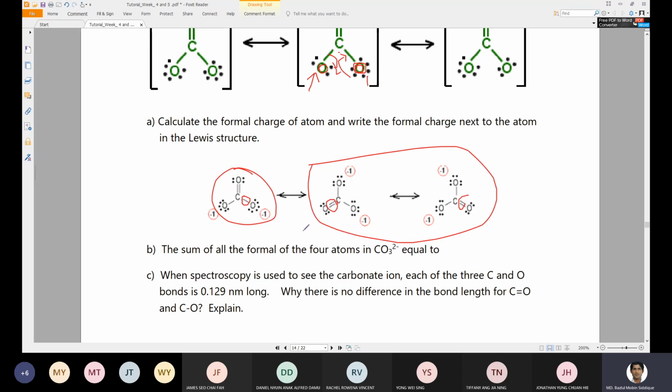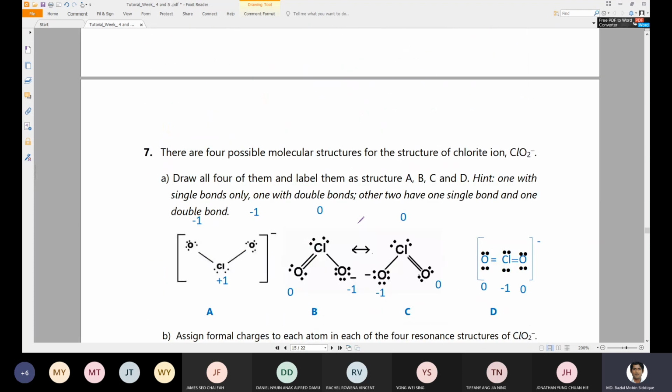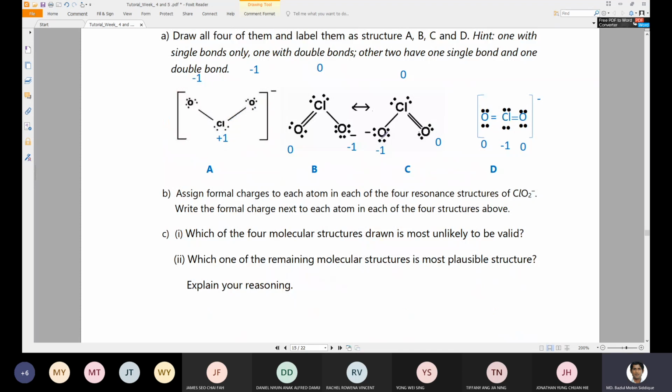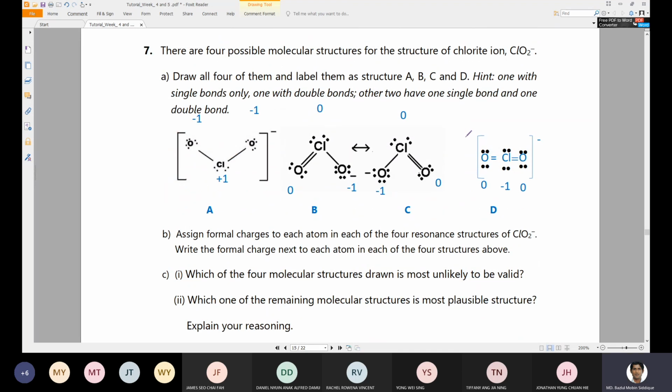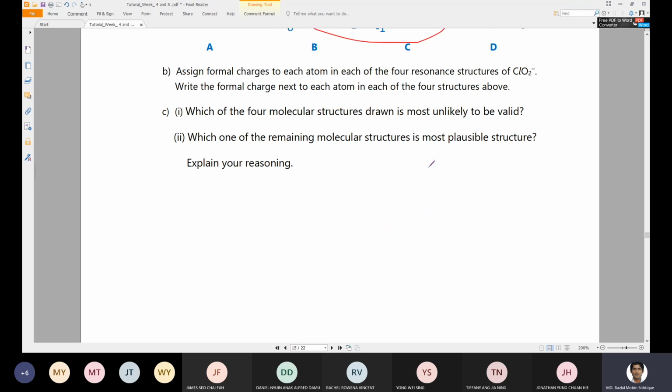We have to show all three possible structures, and that is why the resonance structure is important to show. Chlorate ion does the same thing, and chloride ion actually. These two structures especially will have resonance.